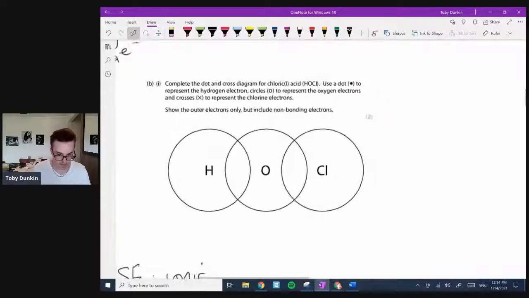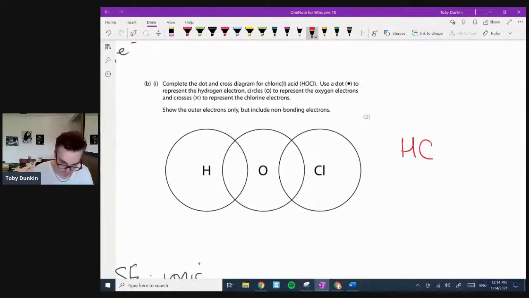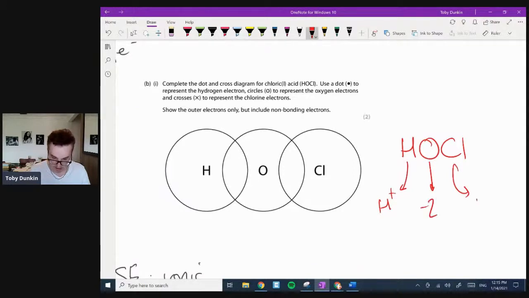Right, next one, hydrogen chlorate. Okay, so the amazing thing about this is we've got hydrogen as a +1. We've got chlorine as a -1. Oh no, hang on a sec. That's interesting, isn't it? We've got oxygen at -2, and chlorine is in a +1. Ah, chlorine's making 1 bond.